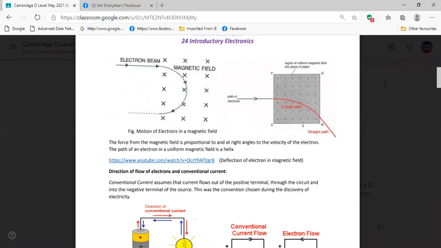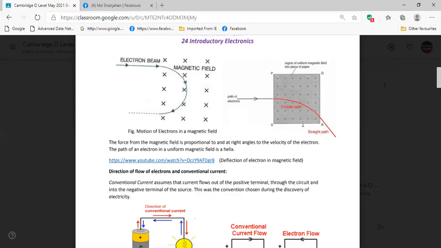We said one thing, that path of electrons are showing opposite of current flow. So you apply Fleming's left-hand rule. Your magnetic field is towards the screen, first finger or index finger towards the screen. Then current flow will be opposite of electron flow. So it is left side, right?